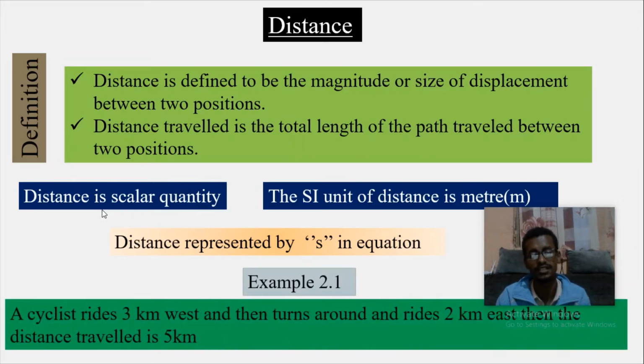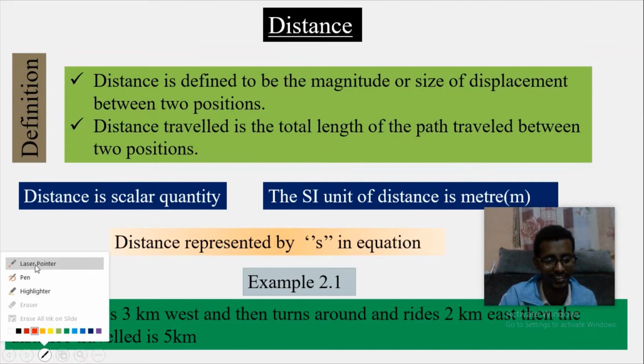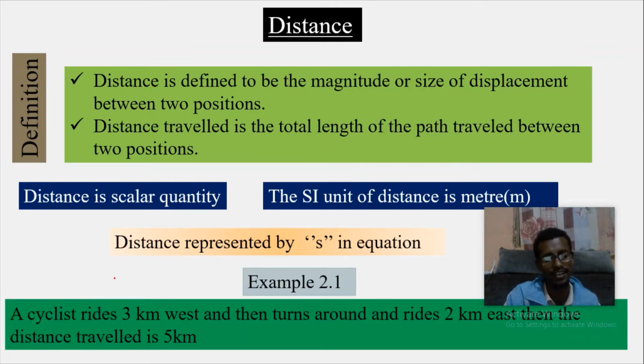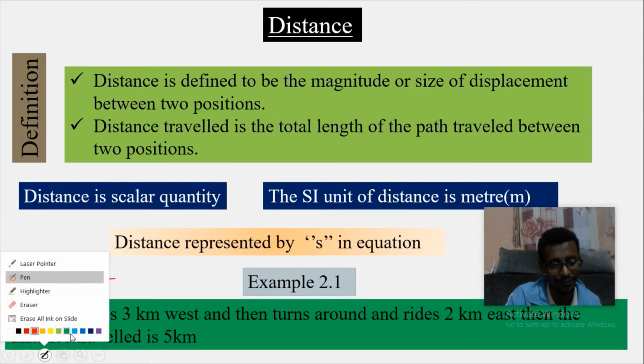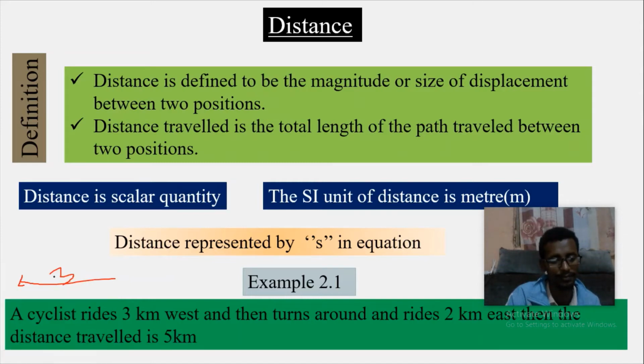Example: a cyclist rides 3 kilometers and then turns around and rides 2 kilometers east. Then the distance traveled is 5 kilometers. Let me show you using my pen here. If a cyclist moves in this direction 3 kilometers, and then comes back this way 2 kilometers.